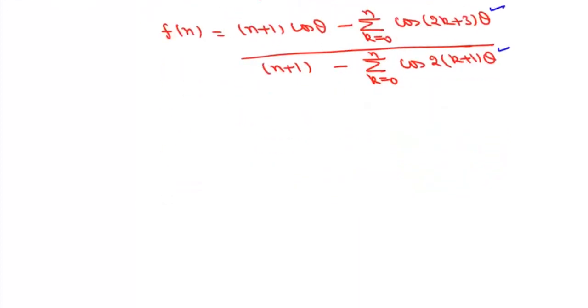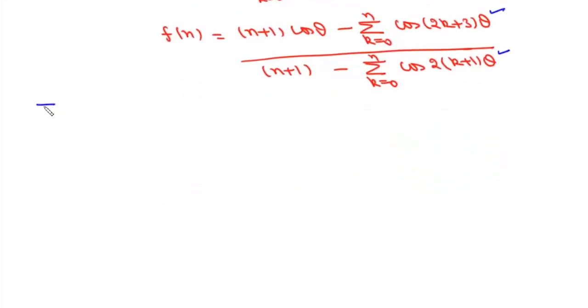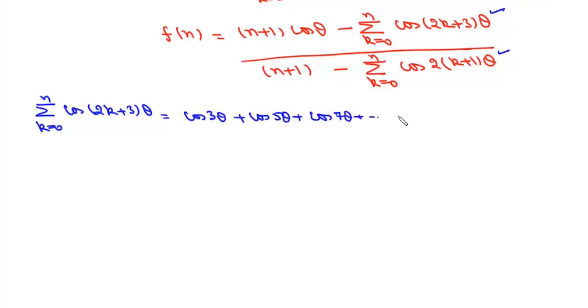Now this first summation is the summation k varies from 0 to n of cos (2k plus 3) theta. Now if we put k as 0, it will be cos 3 theta, cos 5 theta, cos 7 theta, up to cos (2n plus 3) theta, where angles are in AP. Now in this case, the value of alpha is 3 theta and the value of beta is 2 theta, that's your common difference.